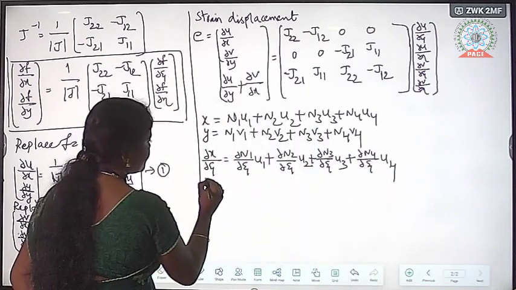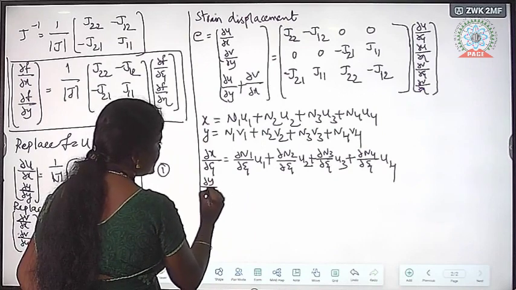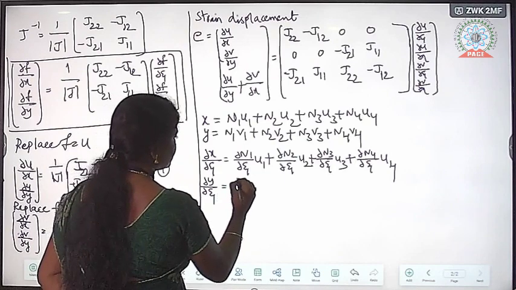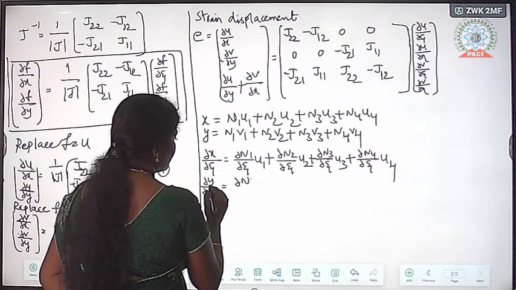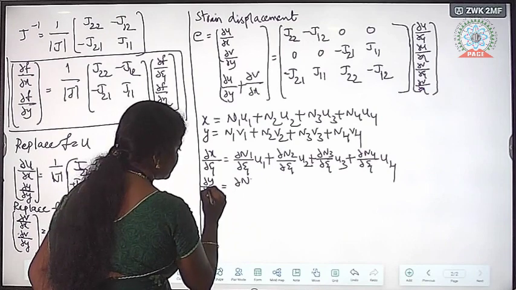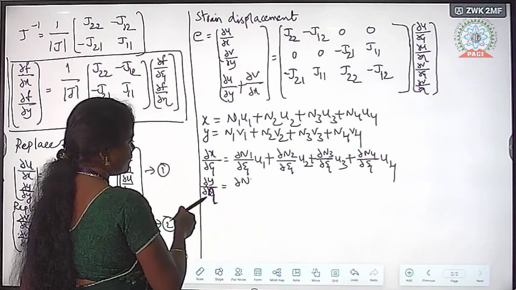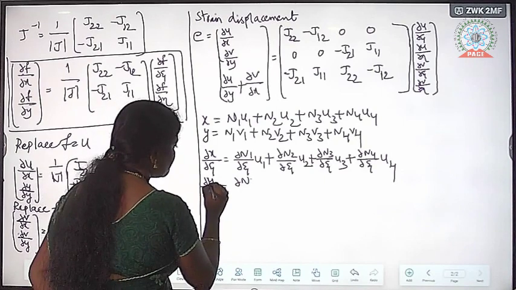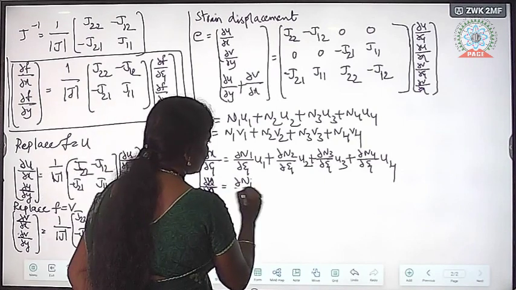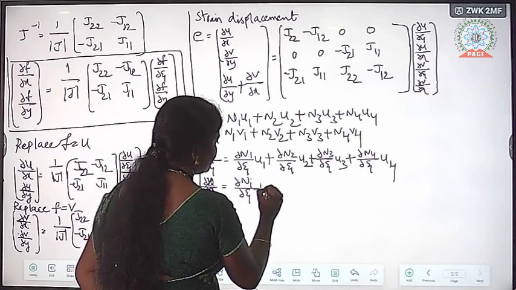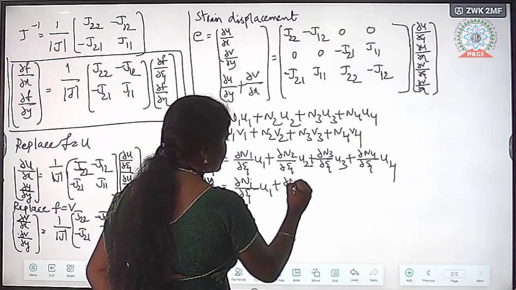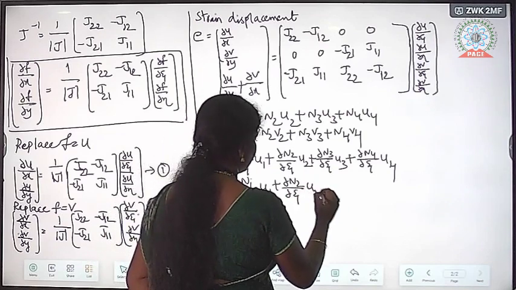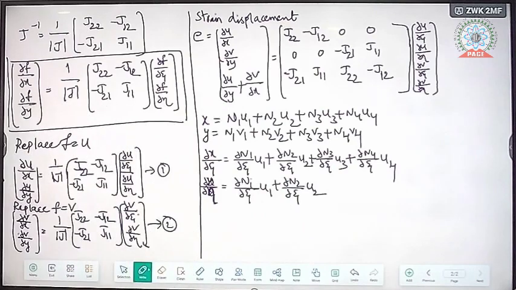Similarly, dou y by dou xi, taking the same terms as for x, with dou N1 by dou xi and dou N2 by dou xi. This is the xi parameter.